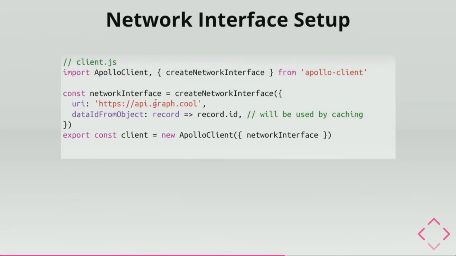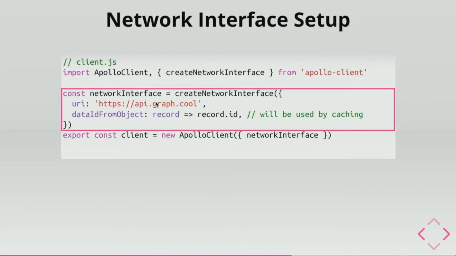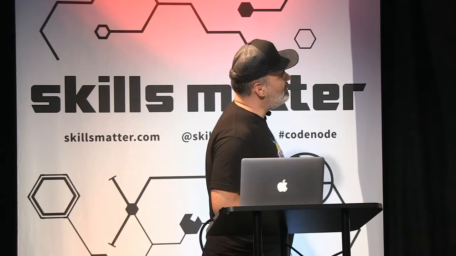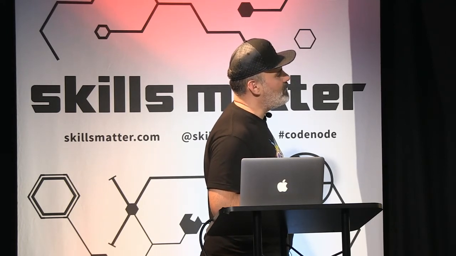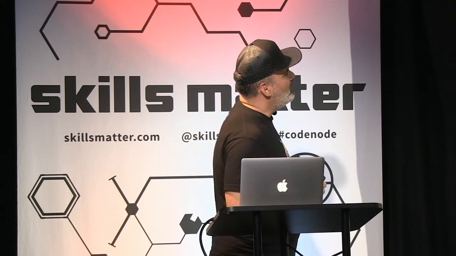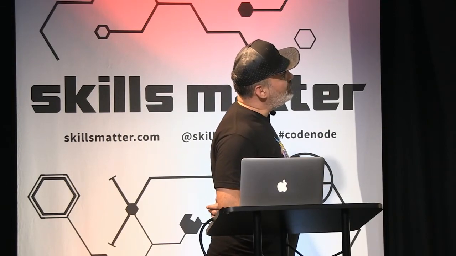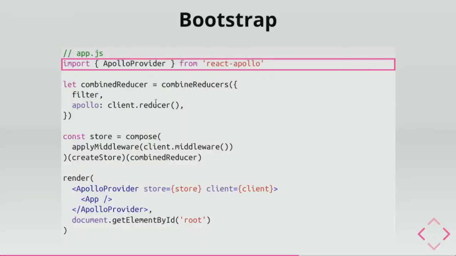Let's see some code for the setup. This is not so interesting. We can see that we have the endpoint from GraphQL, and then we just get this client that comes from this new instance of Apollo client. What we can see is that during Bootstrap, we can use it to pass it down to the different components in our application.